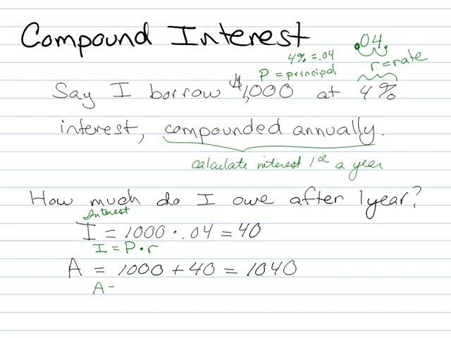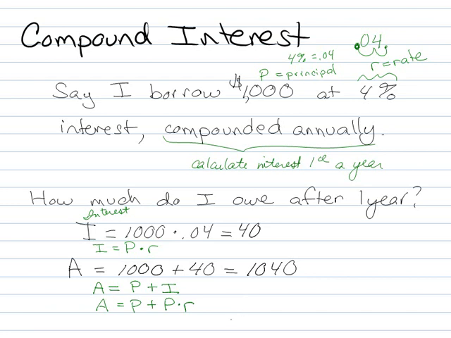So the amount that I owe after the first year is equal to the principal, 1,000, plus my interest, and interest is equal to principal times rate. Now you have an equation for the amount you owe after 1 year.